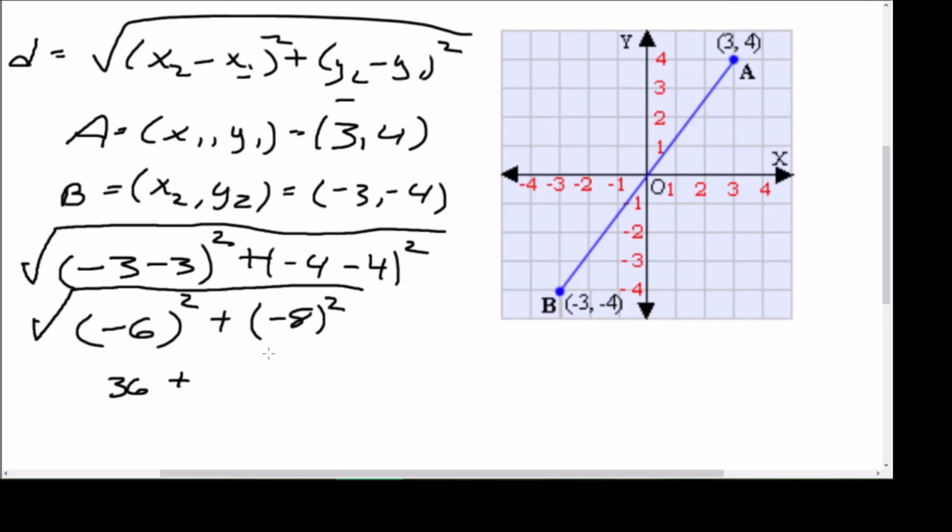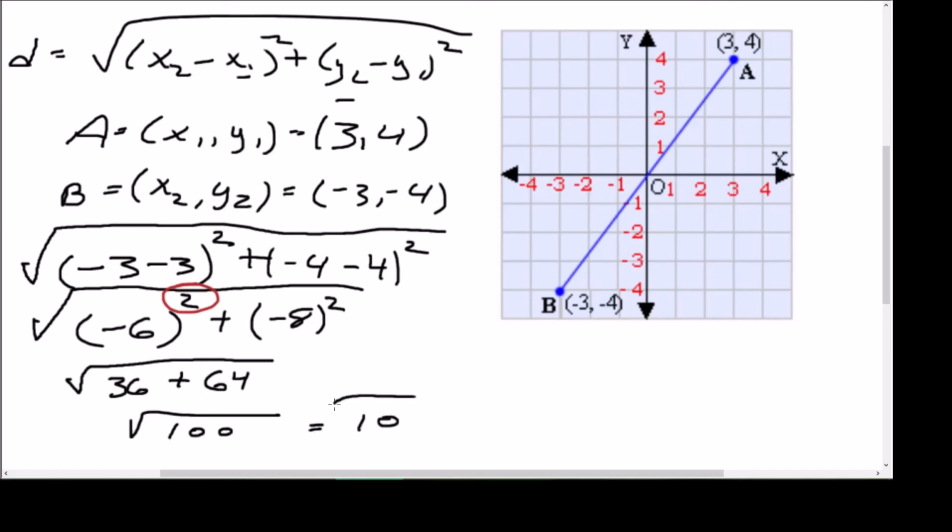We don't use the absolute value on this because any number you square in the real number line, which is the number line we're working with, will always be positive. So -6 squared is 36, just like 6 squared is 36. -8 squared is 64. 36 plus 64, that's under the radical, so we have to do that first, is 100, and the square root of 100 is 10.